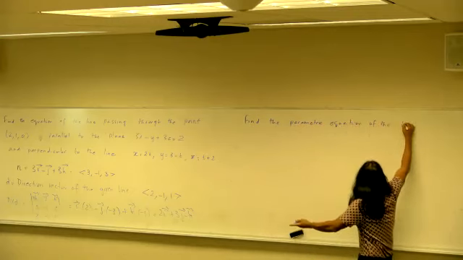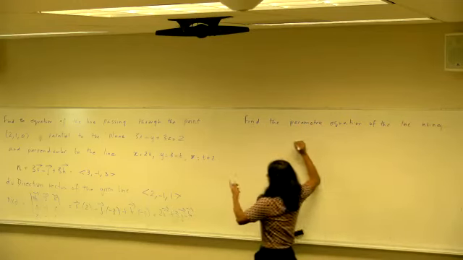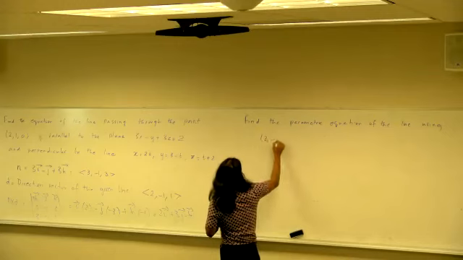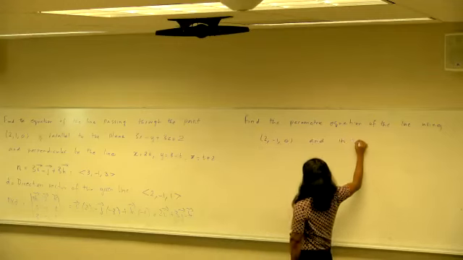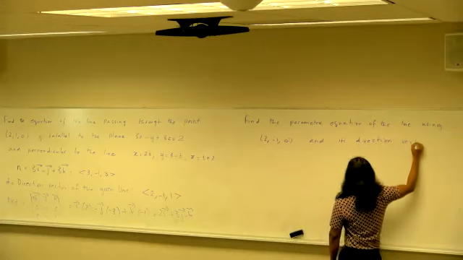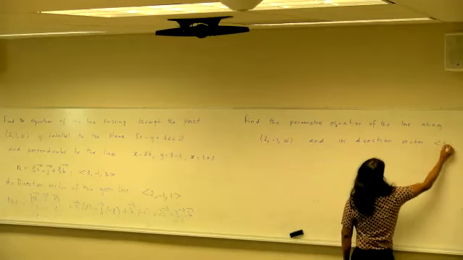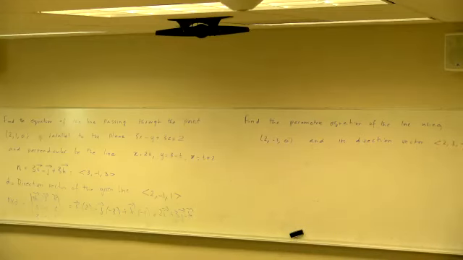Line using the point, which is 2, 1, 0, and its direction vector, 2, 3, minus 1. So positive, yeah, it's 2, 1, 0 for the point.